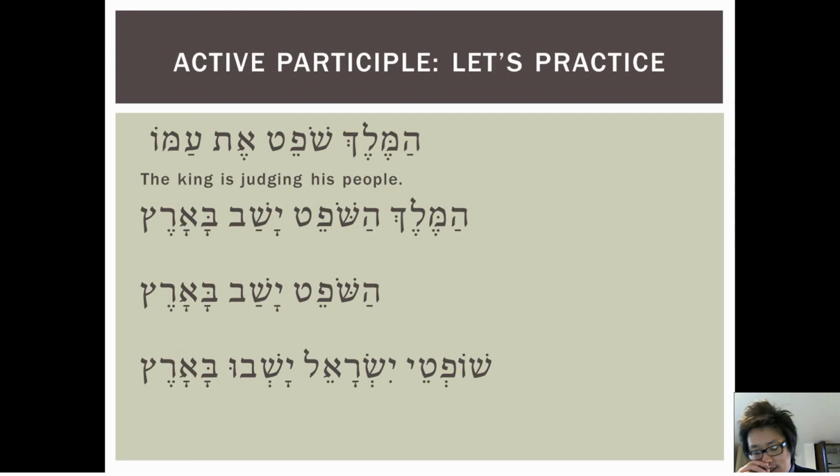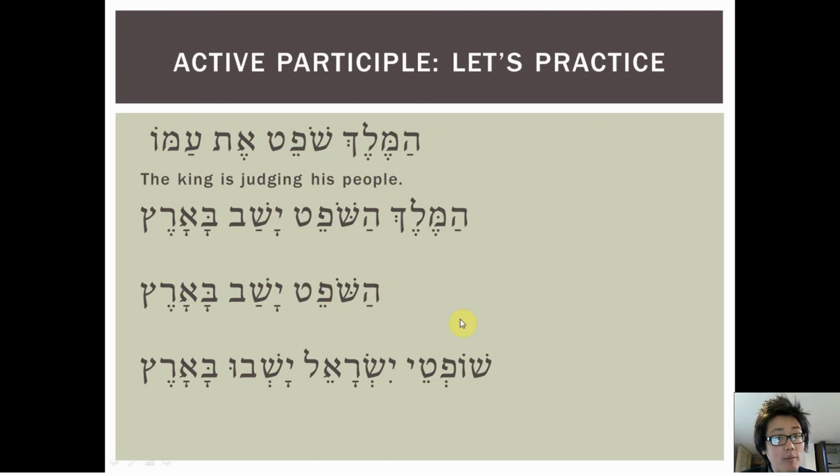Let's look at the second sentence. It's going to be slightly different, but have some similarities. Hamelech hashofet yashav ba'aretz. So we have Hamelech again, but notice the participle is the second word again, but this time it is definite, matching the definiteness of the noun that it is qualifying.